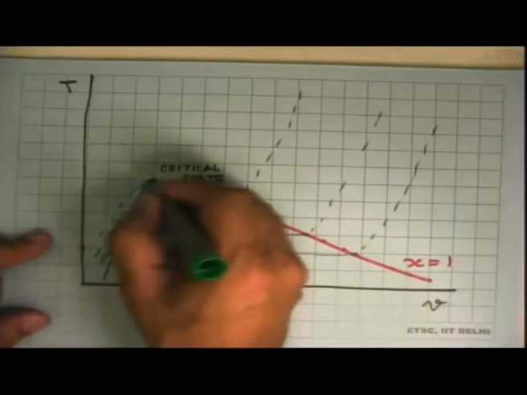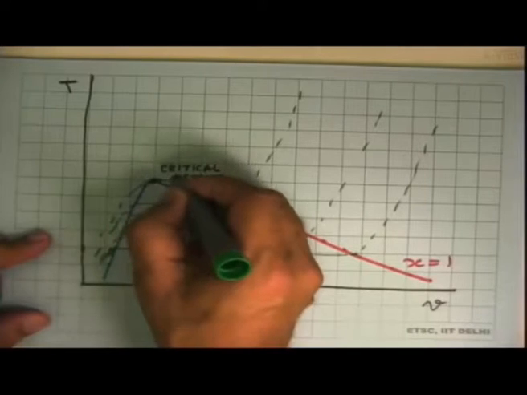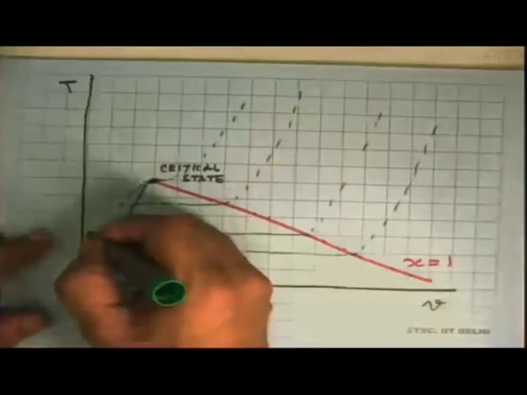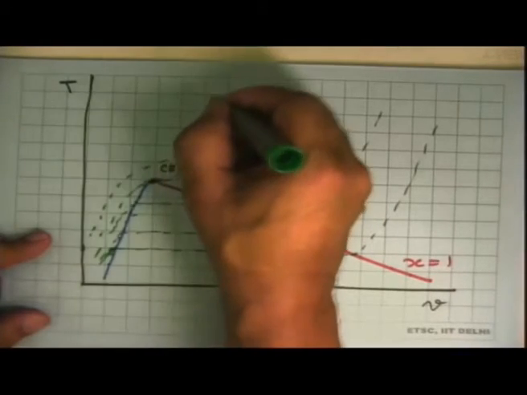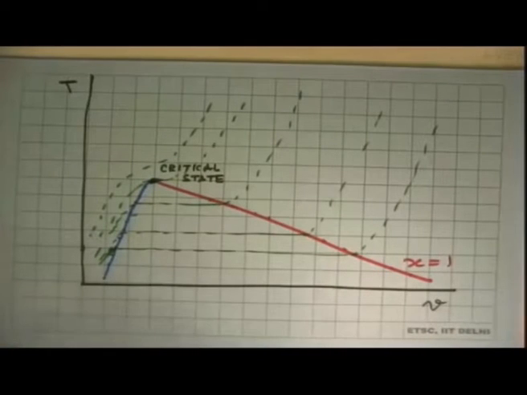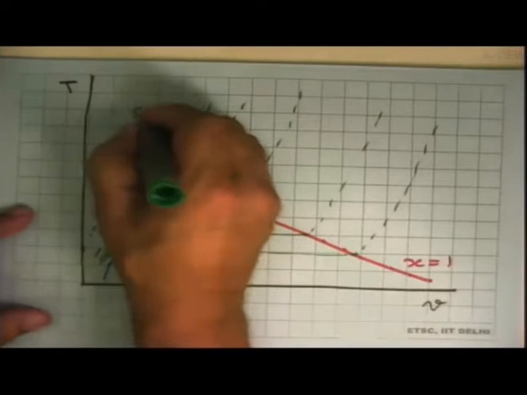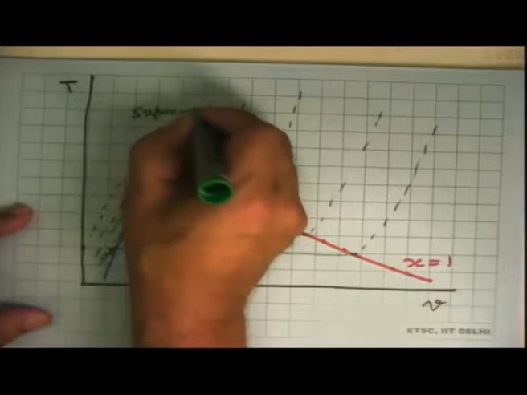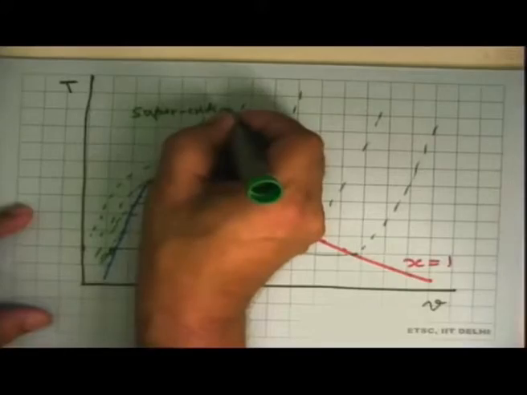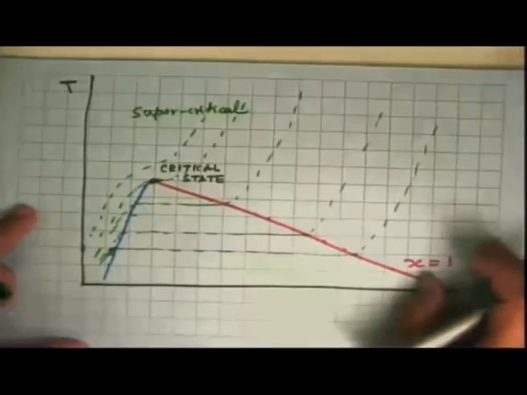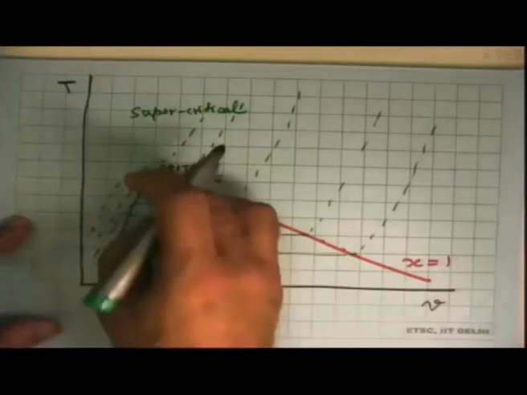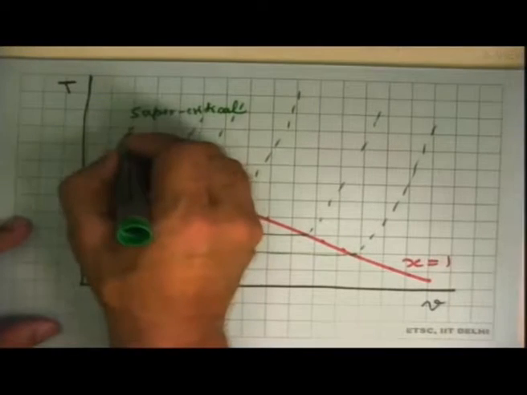In the critical state, there is a point of inflection here, and then it continues. And at pressures greater than the critical pressure, we do not see any phase change. This is what is called the supercritical fluid. And all states in this region, above the critical pressure and above the critical temperature, are called supercritical states.